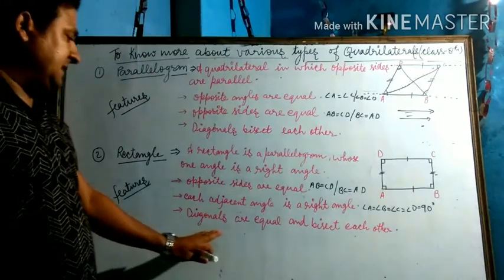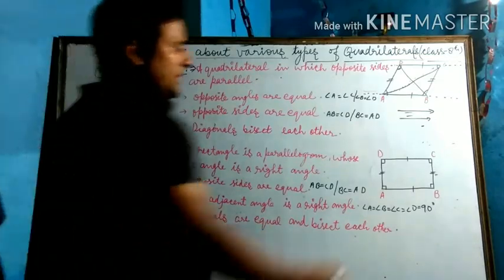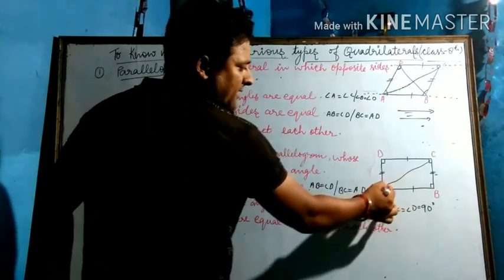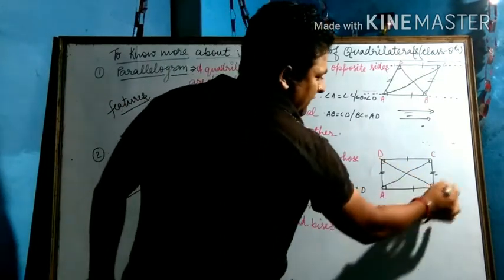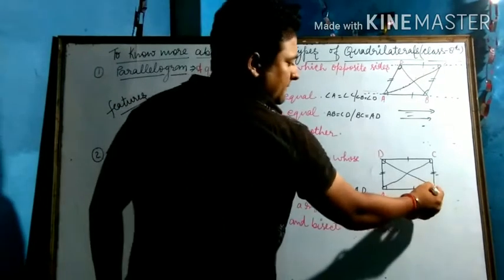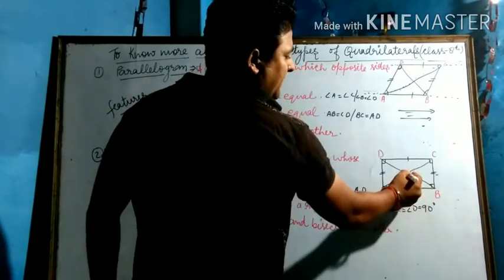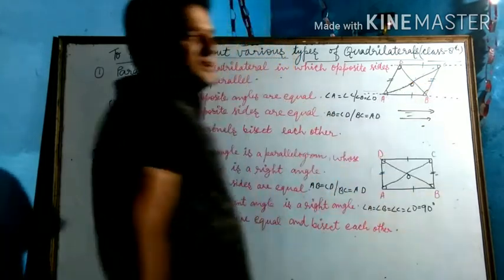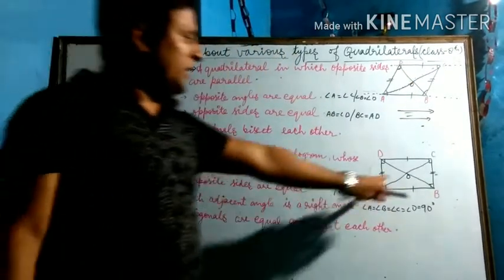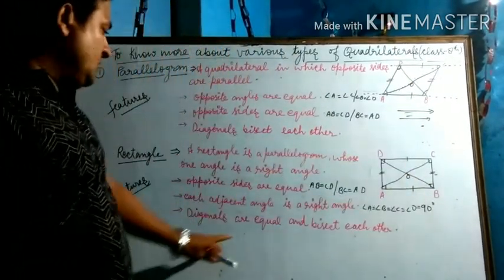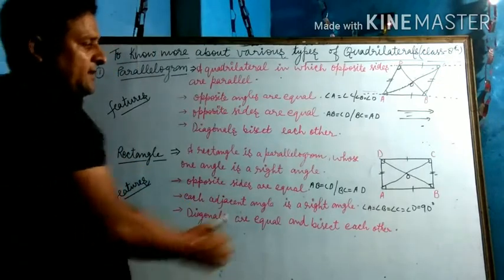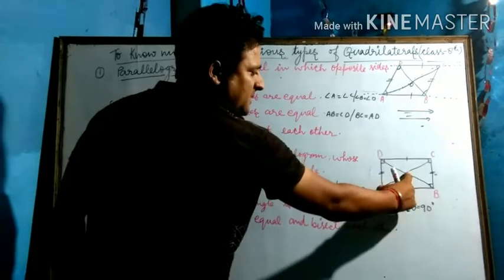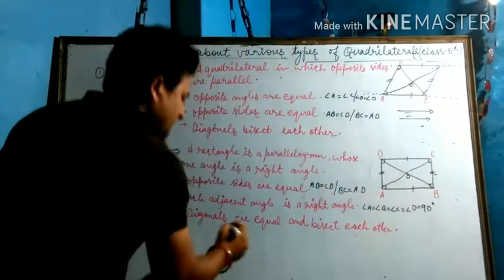And the last one, diagonals are equal. Means these lines, if you draw the line here and here, suppose the meeting point is O. Then the diagonals are equal. So what will you write? AO equals OC, means this part is equal to this part.